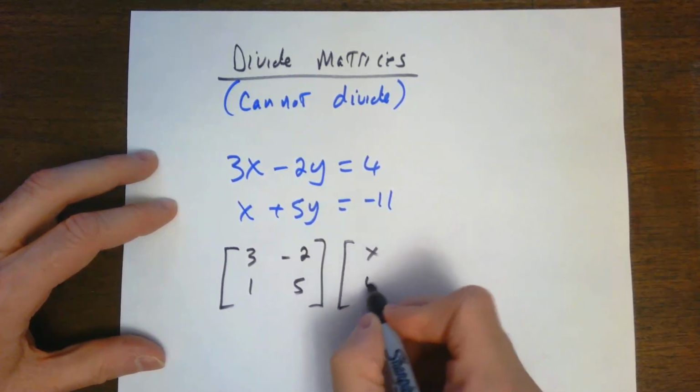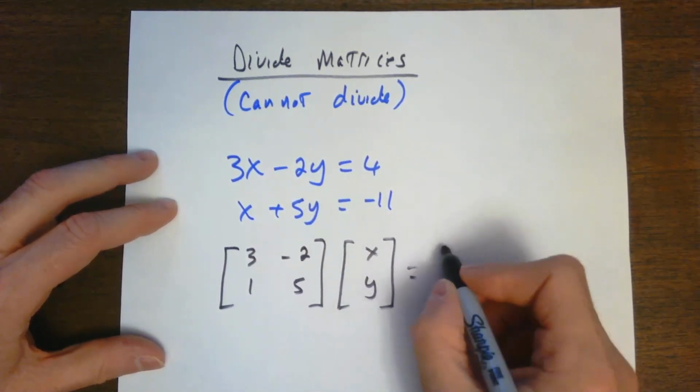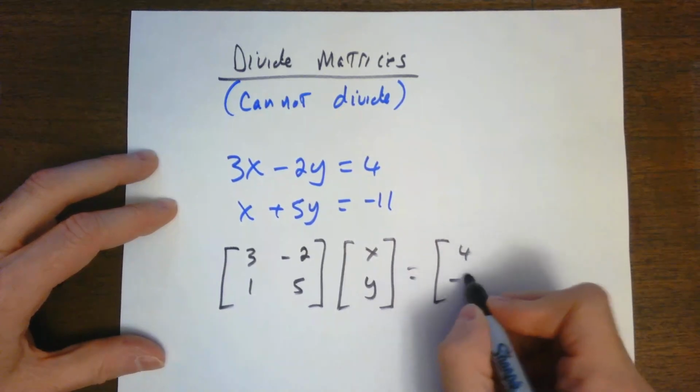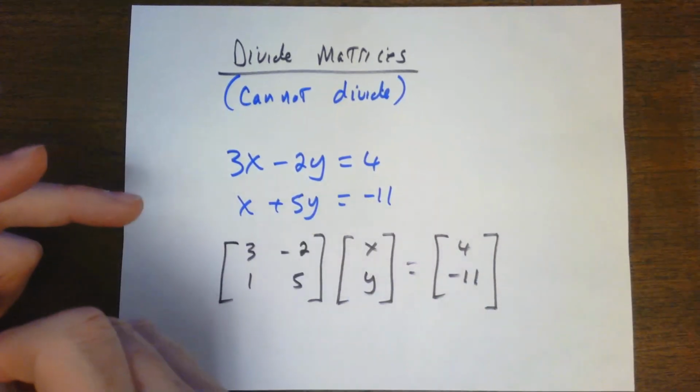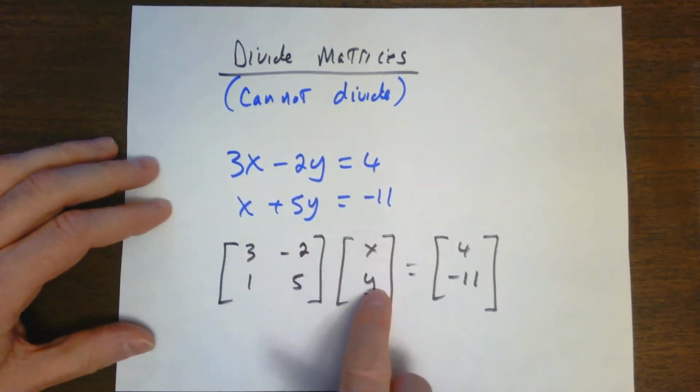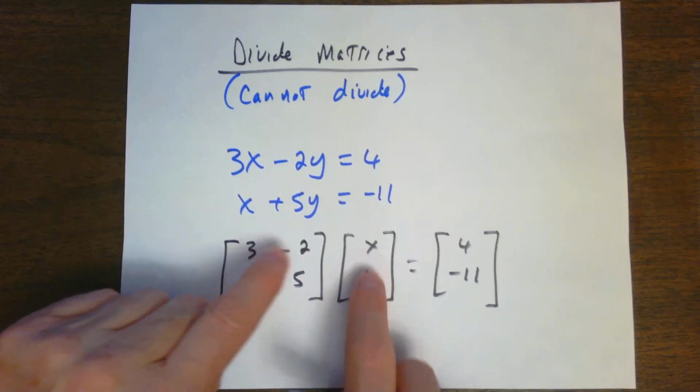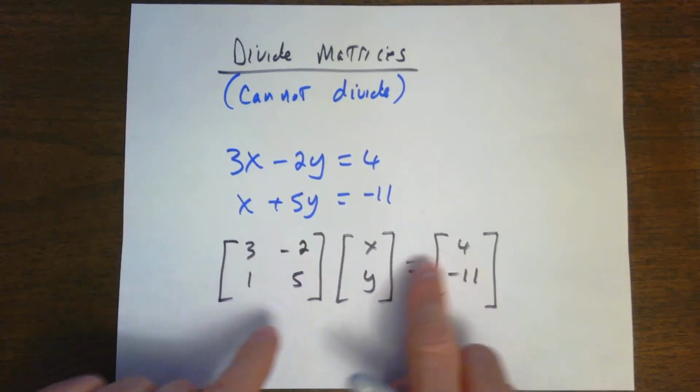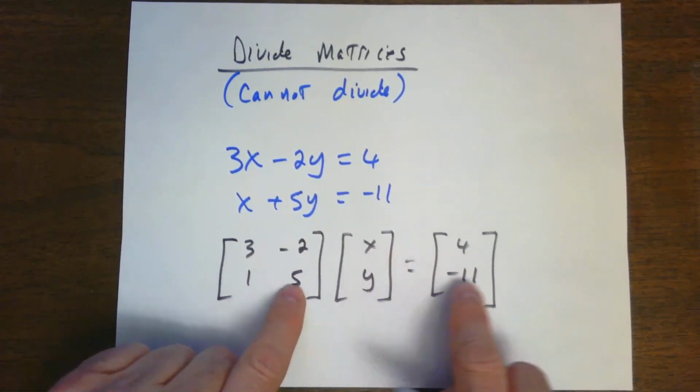The variables are x and y, and the constants are 4 and negative 11. So I've rewritten the whole equation in matrix form.